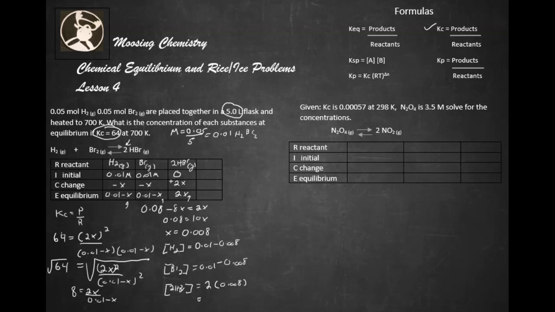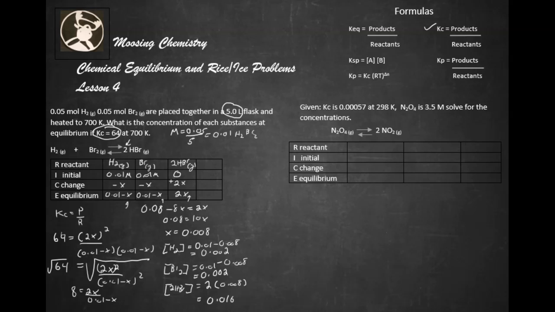So the value of the bottom one is going to be 0.016. The other ones are going to be 0.002, and that also is going to be 0.002. Well, that's it for that problem.